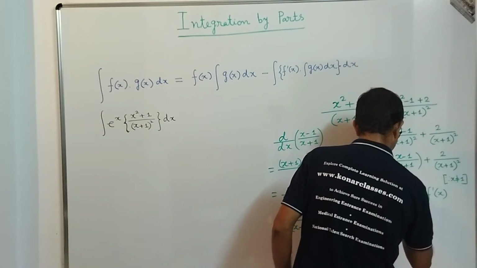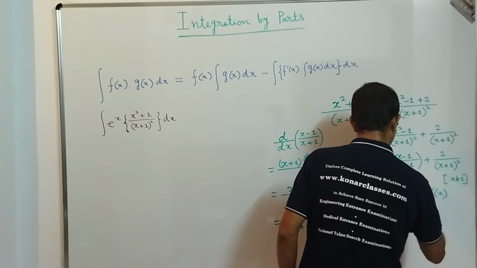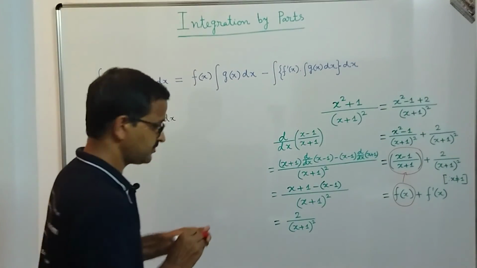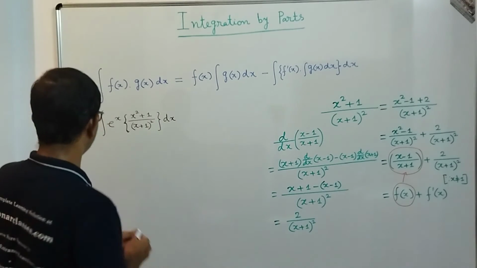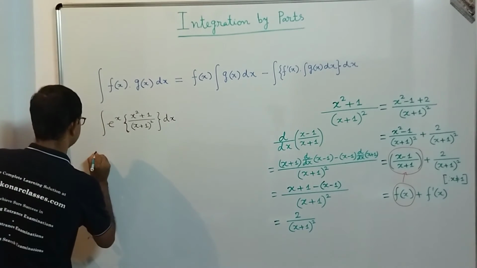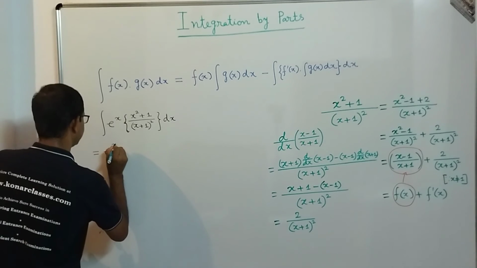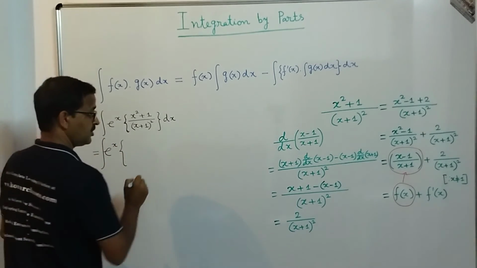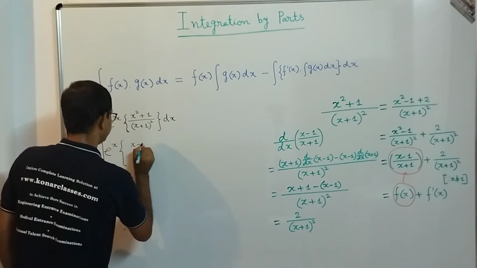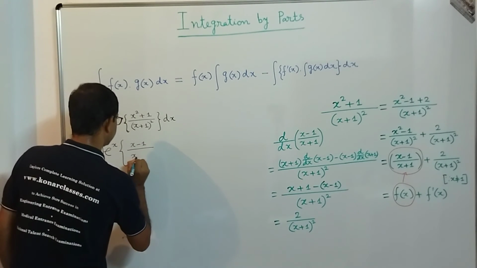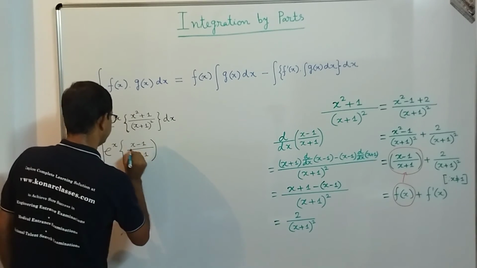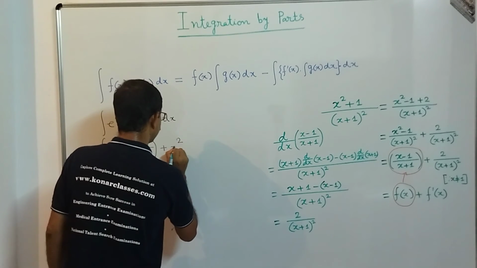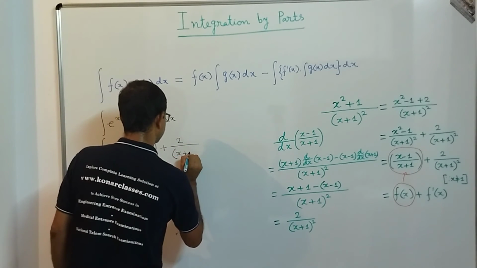f(x) is nothing but this function, correct. So what we can write it here, dear students? So we are able to express this as e^x into (x − 1)/(x + 1) plus 2/(x + 1)².